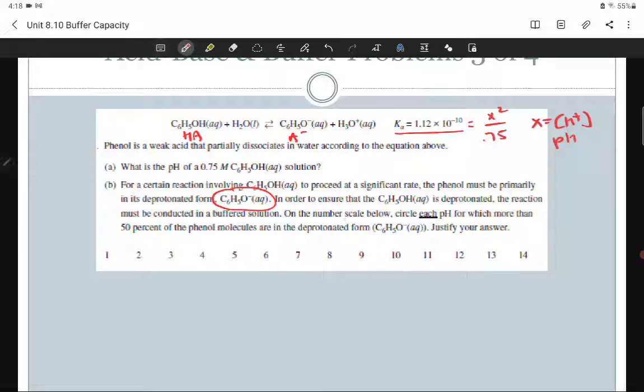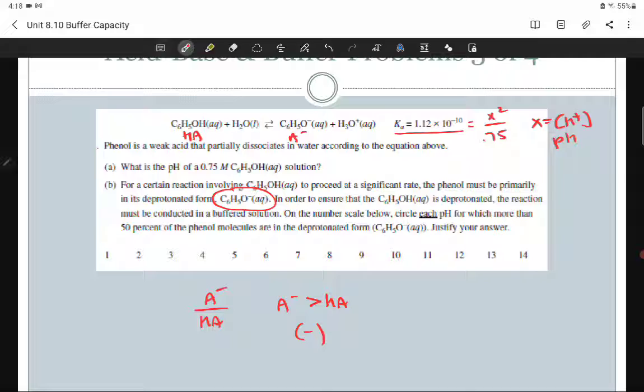On the number scale below, circle each pH for which more than 50% of the phenol molecules are in the deprotonated form, meaning that this is greater than this.